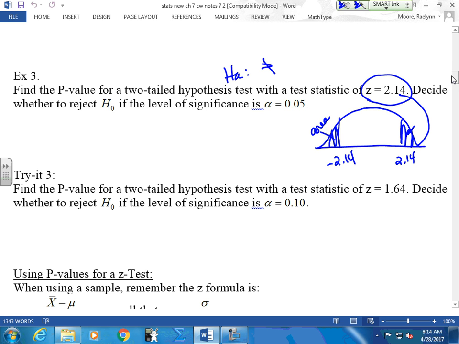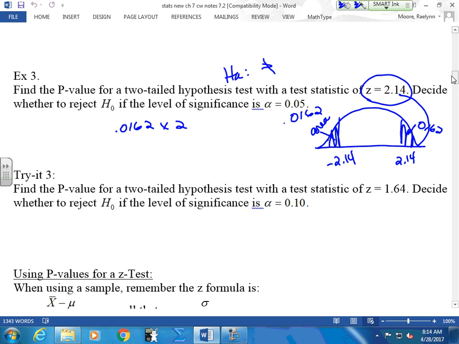I'm going to look it up in my table. It's 0.0162. And now, because it's also 0.0162 over here, I can add those together, or just say 0.0162 times 2. I have twice the area to get that.